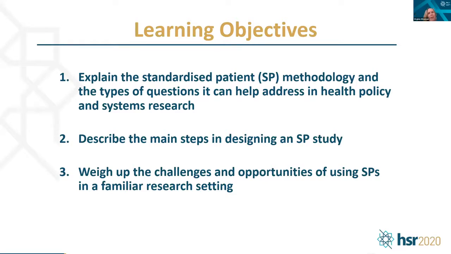The first one is to explain the standardized patient methodology and the different types of questions that it can help to address, both in terms of health policy and also health systems research. We're going to describe and take you through the main steps in designing an SP survey. And we're also going to weigh up the challenges and the opportunities that this approach can offer in terms of measuring quality of care in low and middle income countries.